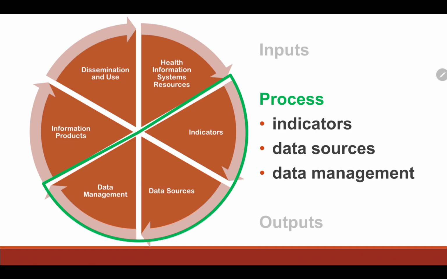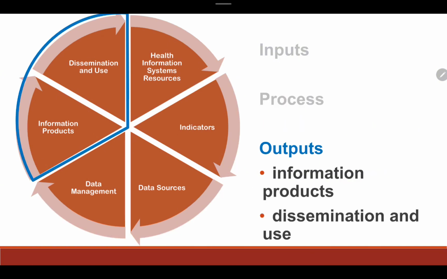Okay? Core indicators are needed as basis for program planning, monitoring, and evaluation. Importantly, this data must be accessible, syempre, and understandable by users and policymakers, no? Yan sila. And then the outputs would be, yes, ito na siya, outputs, no? Yung ating information products and yung ating actionable goals, no?